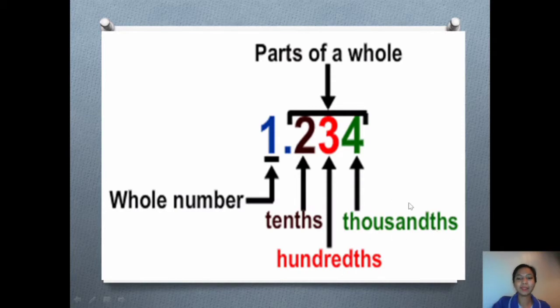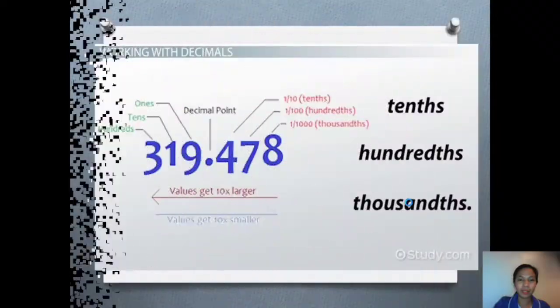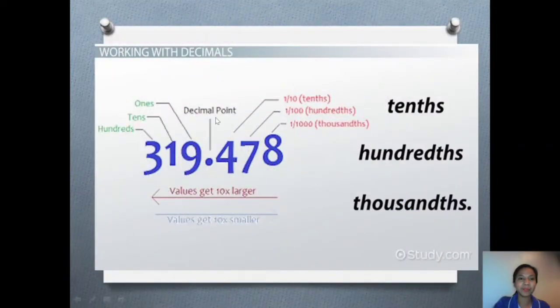Okay, so here in this part, it's a complete presentation. 319.478. Again, this point is called the decimal point. And as I've said earlier, the numbers located before the decimal point are a whole number.